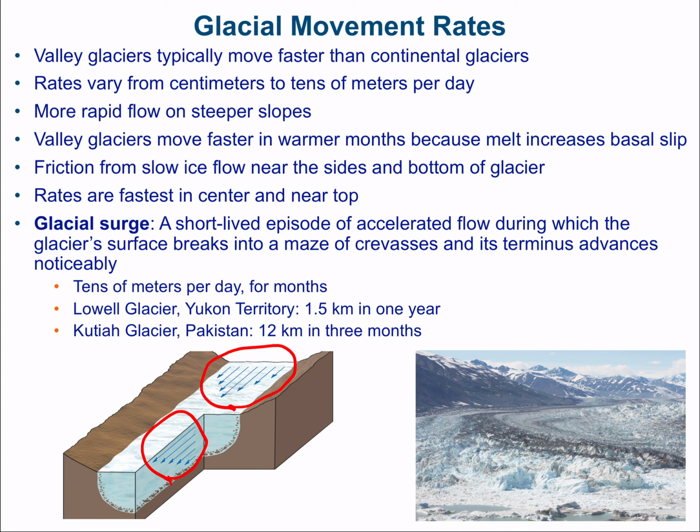This picture on the lower right shows glacial surge. That is a short-lived episode of accelerated flow. During this time, the glacier's surface breaks into a maze of crevasses, and its terminus, which in this one is right here, is going to advance.